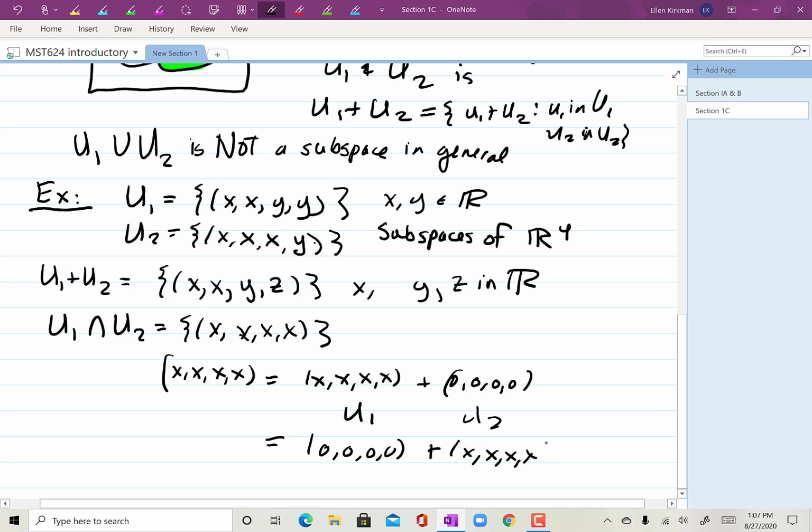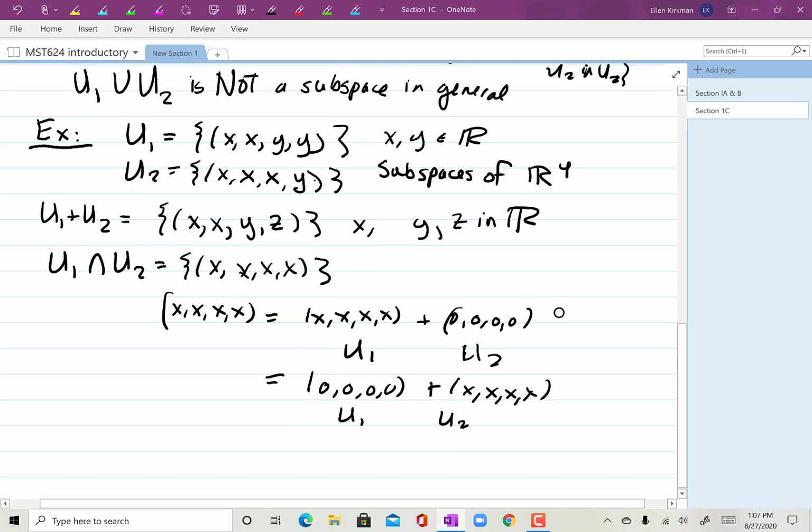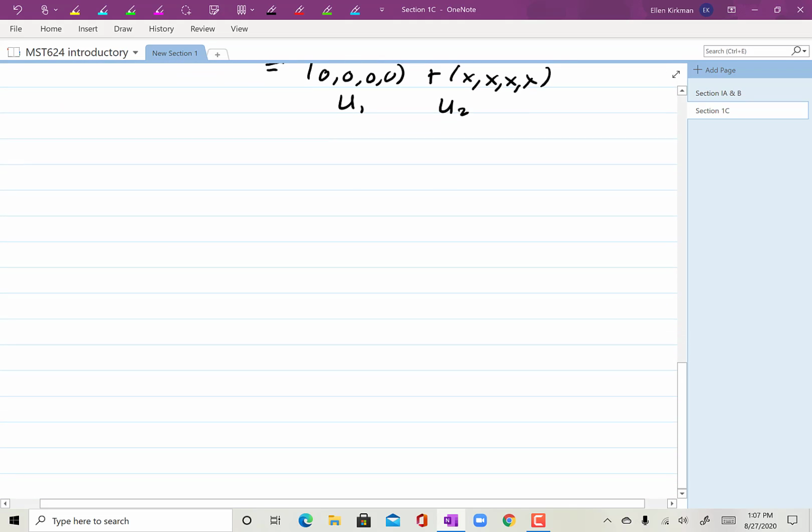In other words, where this is coming from U1 and this is coming from U2. In other words, I'm looking at sums here, but I don't have a unique way of writing them. And that's what a direct sum is. So that's the third thing.